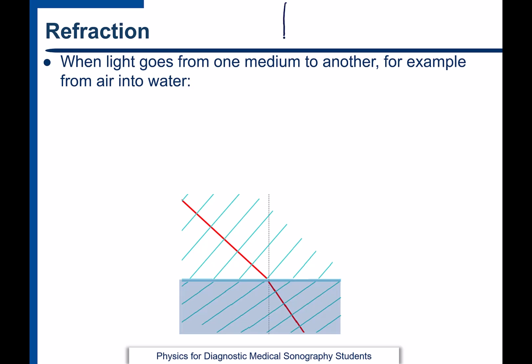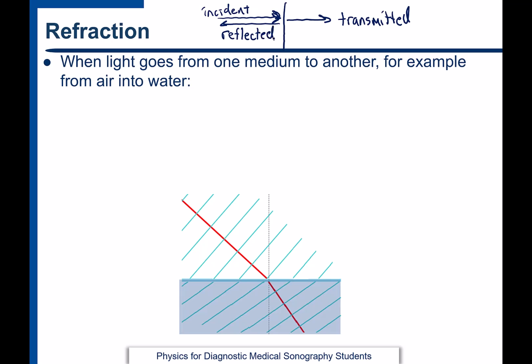We said that when a sound wave is sent in and it gets to the interface between two different mediums, our incident ray splits and some of that sound is transmitted and some of that sound is reflected from the interface.